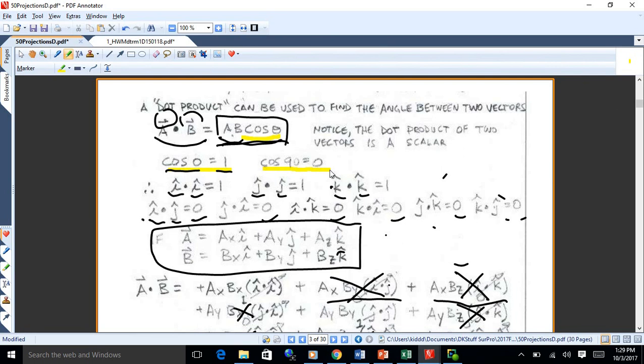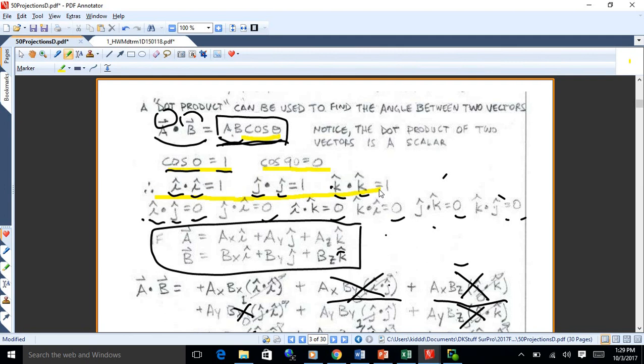So if you know that, you can find the dot product between any two unit vectors. If you dot like unit vectors together, i dot i, j dot j, and k dot k, it equals 1. Notice you don't get a vector out when you do a dot product, you get a number, a magnitude.